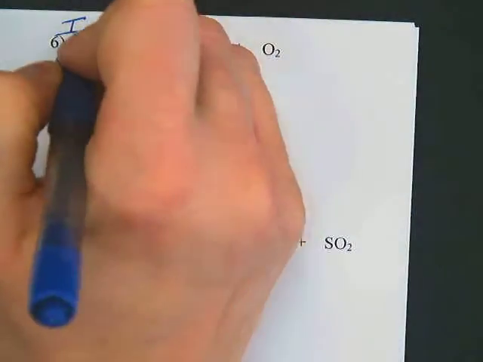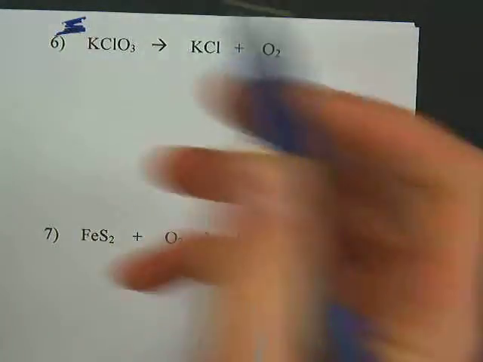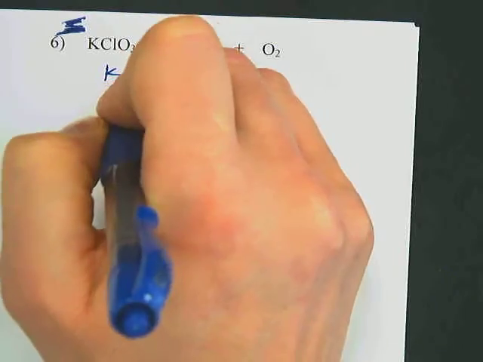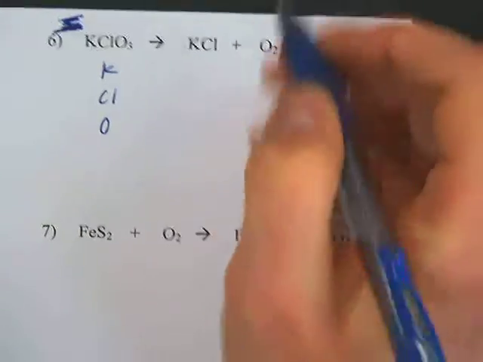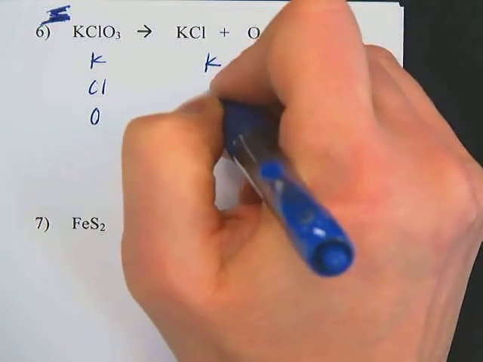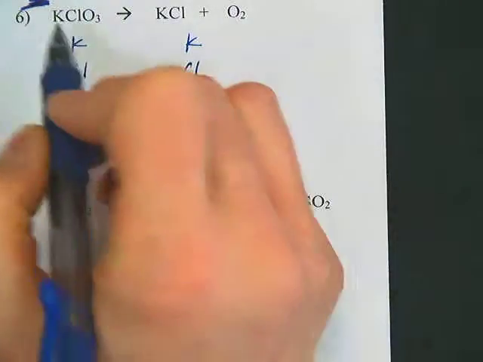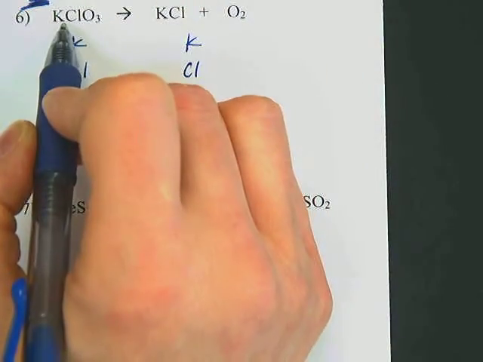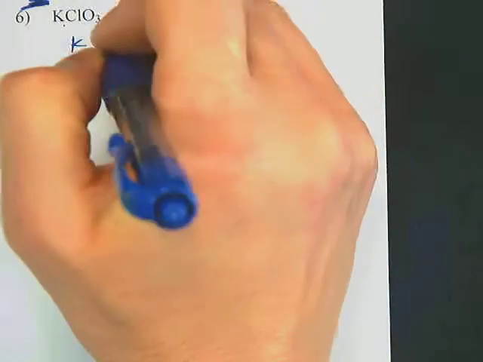So we have KClO, that's an L, not an I, remember. I's will always look kind of like that on these equations to make it easier. So we have potassium, chlorine, oxygen. So we're going to do the same thing over here. Potassium, chlorine, oxygen.